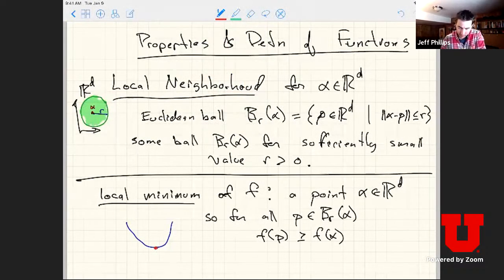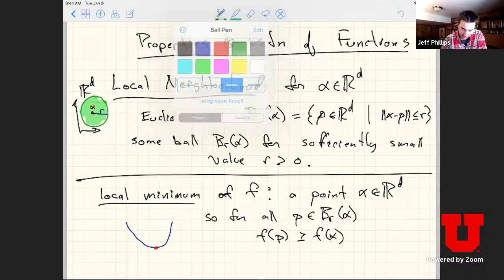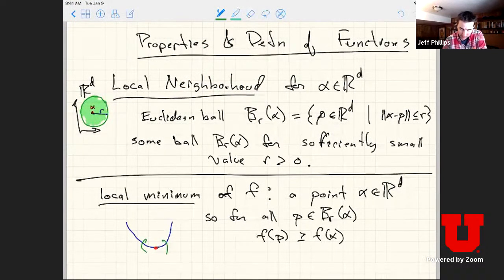If you have a point alpha and I take any local neighborhood here, all of these function values are going to be larger. I can think of drawing some line that goes through that value at alpha. And the blue function, at least within that radius r neighborhood, never dips below that red line. Okay, so this is a local minimum.